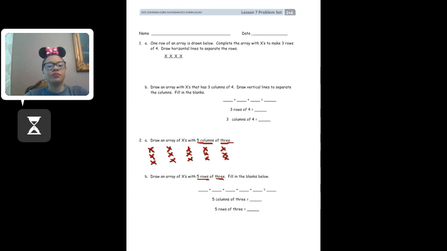So I'm going to do my first row. My allergies are acting up. I'm sorry about that. So now we have 1, 2, 3. So in our first row, we have 3.